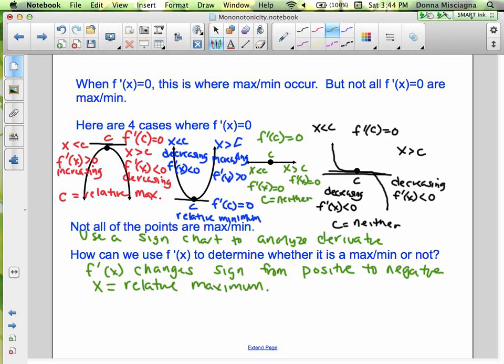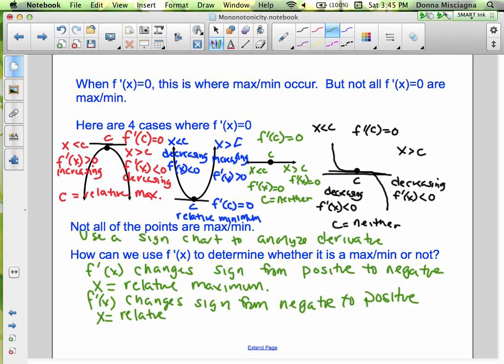And if f prime of x changes sign from negative to positive, then x is a relative minimum. Right?